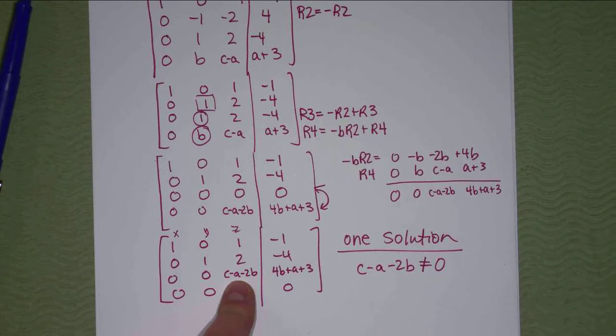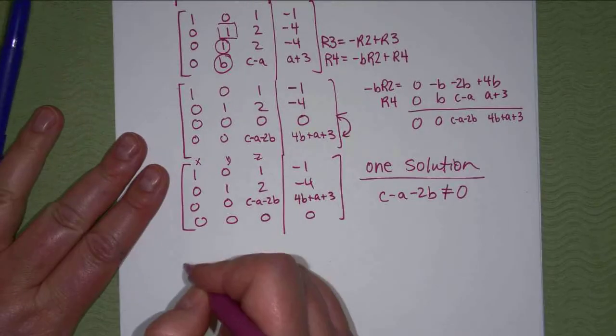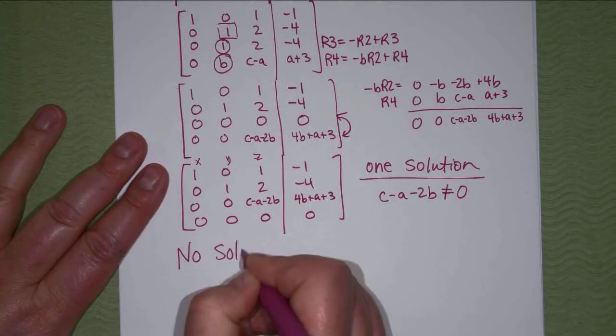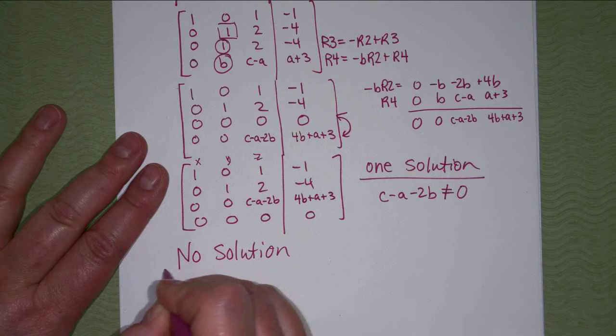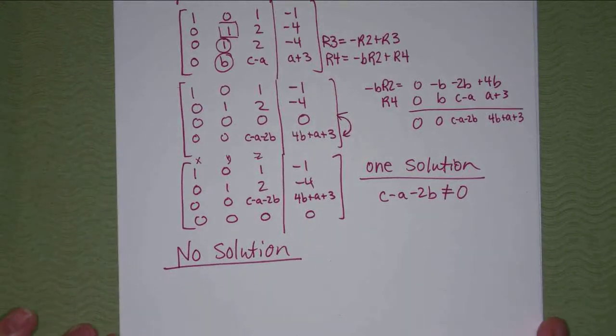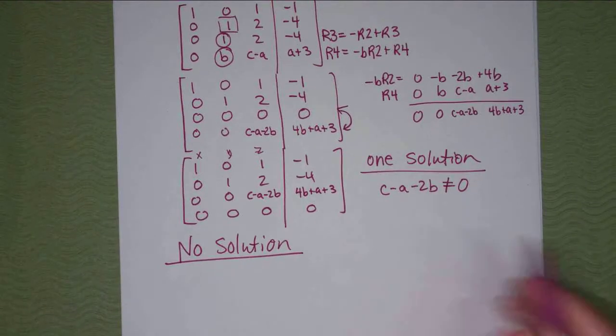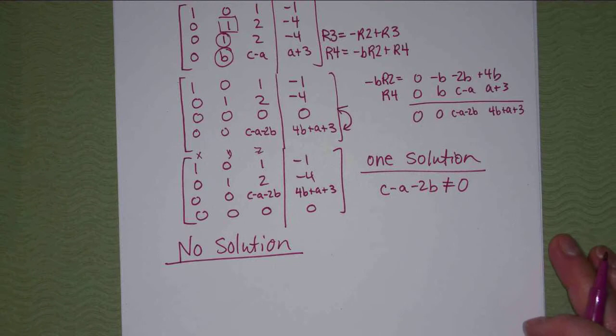Let's go with the no solution next. What would have to happen? Maybe infinitely. Well, I don't know. Neither one of them is easier than the other. So what do you think for this? No solution. What has to happen in that row?